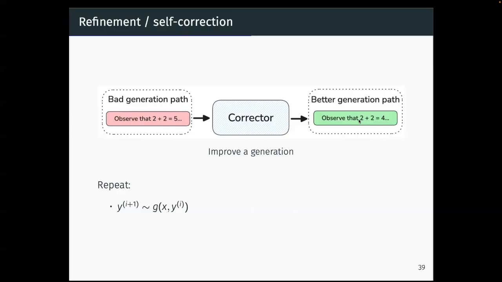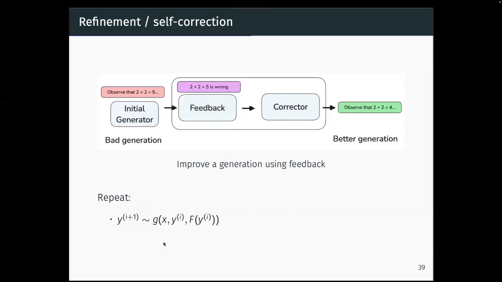It turns out that if you try to design one of these refinement or self-correction systems, there are a few different design choices. One approach is to try incorporating some source of feedback into the correction or refinement module.